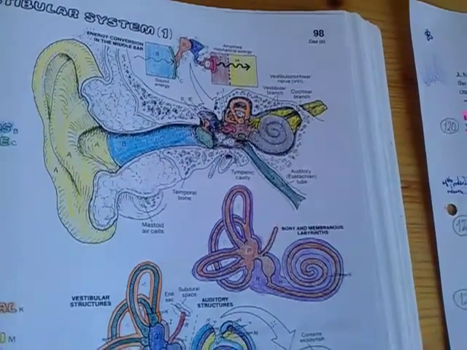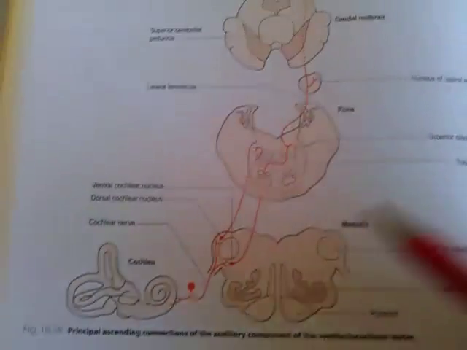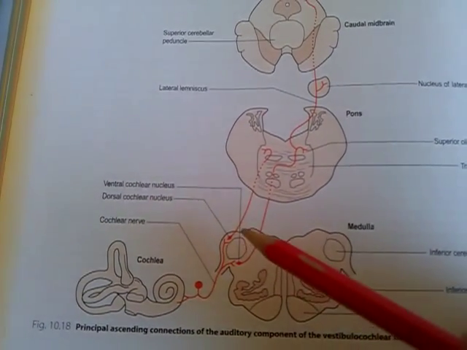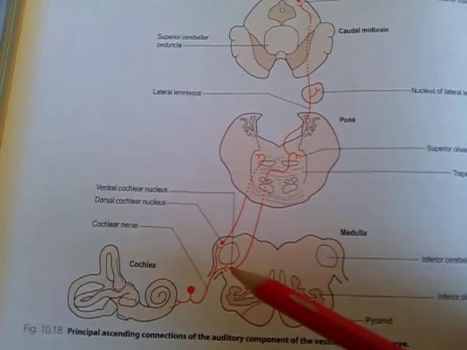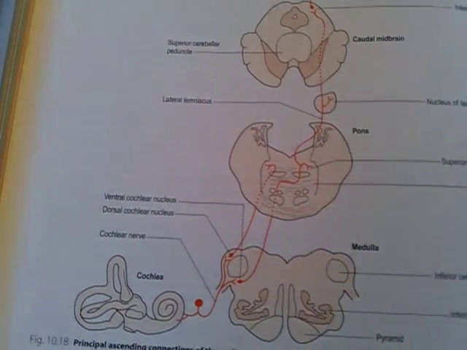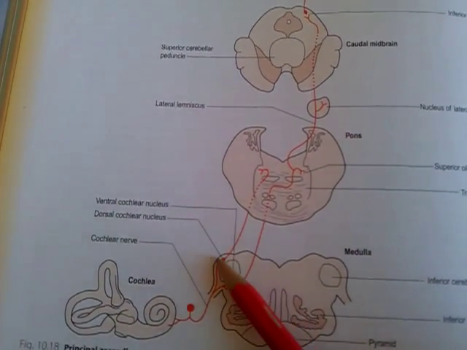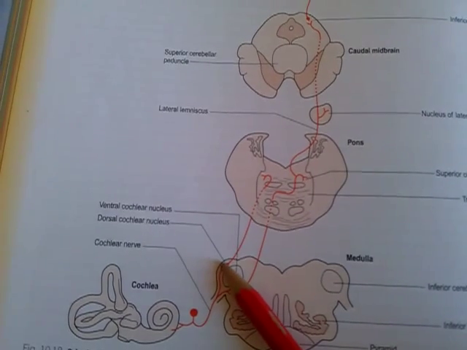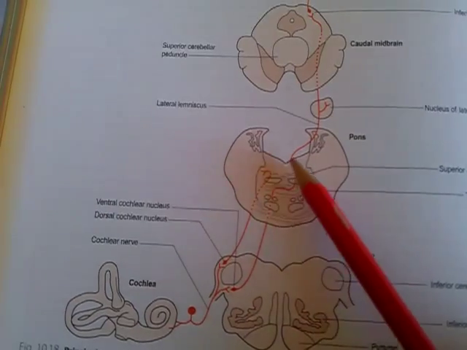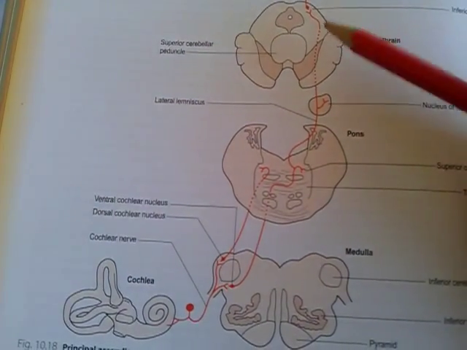And this terminates in the ventral and dorsal cochlear nuclei, which you can see here. We're in the medulla. So dorsal and ventral cochlear nuclei. Now the dorsal cochlear nucleus cells send axons crossing to the opposite side and ascending in the lateral lemniscus.